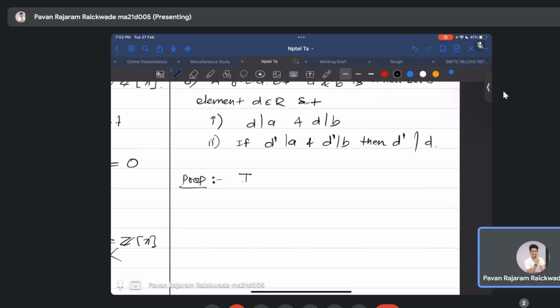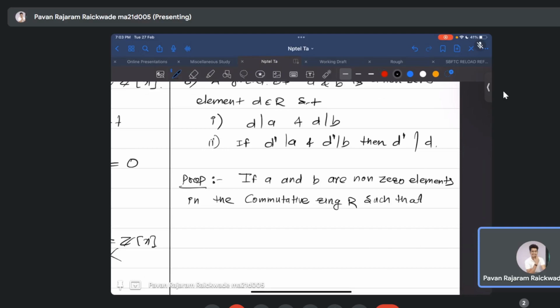Proposition: if a and b are non-zero elements in the commutative ring R such that, and this is an important condition, the ideal generated by a and b is a principal ideal.